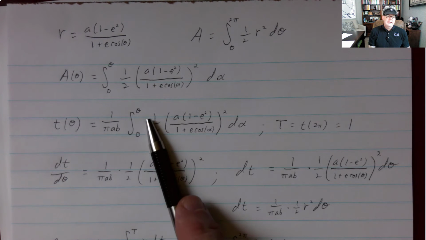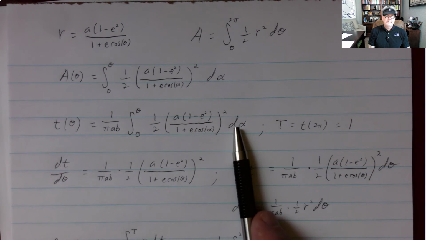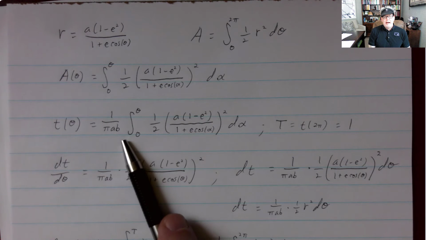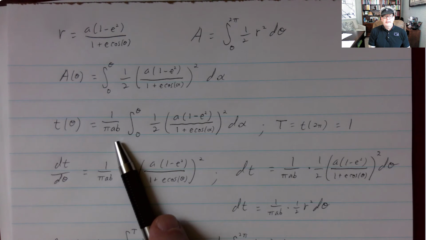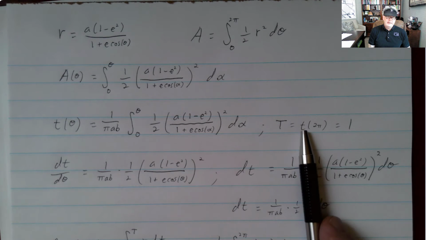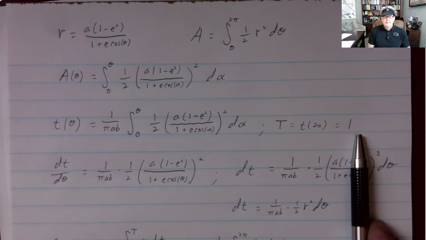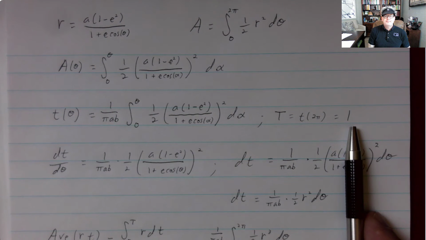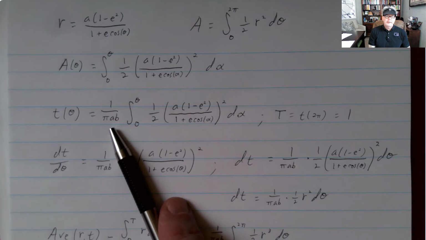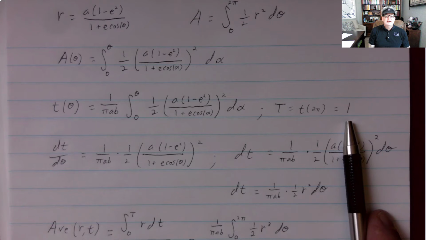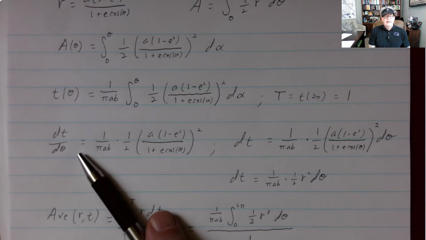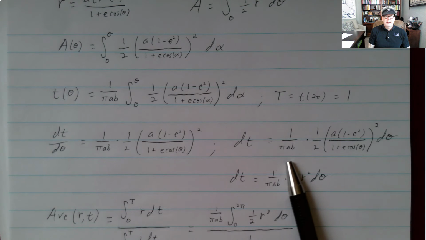So I can use theta as the upper limit, and I use a different angle name here, namely alpha. I divided by the full area of the ellipse. I didn't have to, but that means the time to go once around is 1. I can pick it so that will happen. So if I divide by pi AB, the area of the full ellipse, then the time to go once around will be 1. Anyways, we can find dt, d theta, and it'll be this.